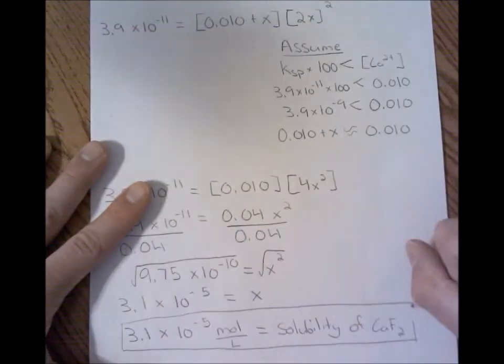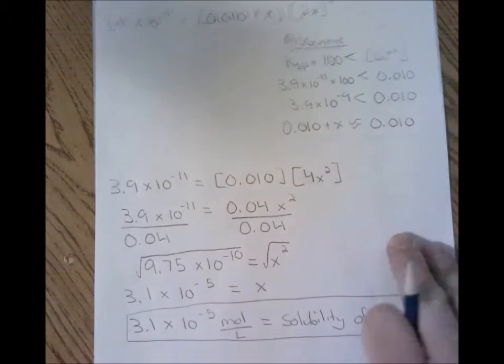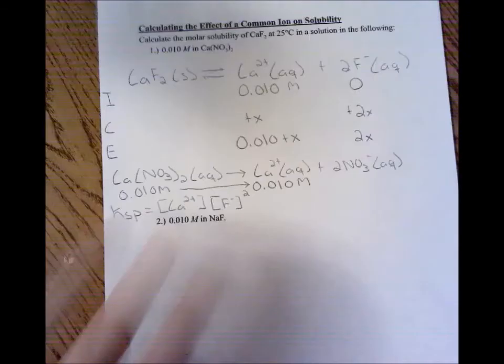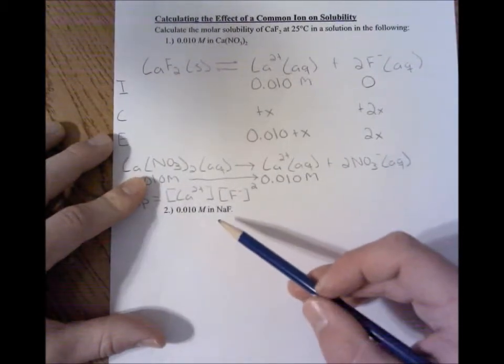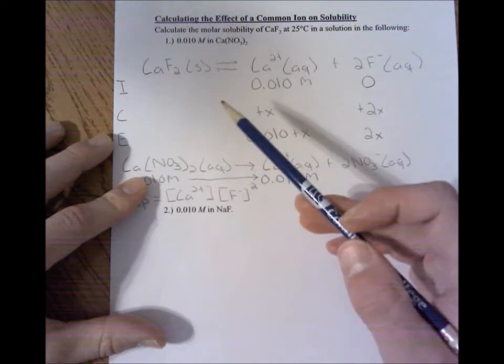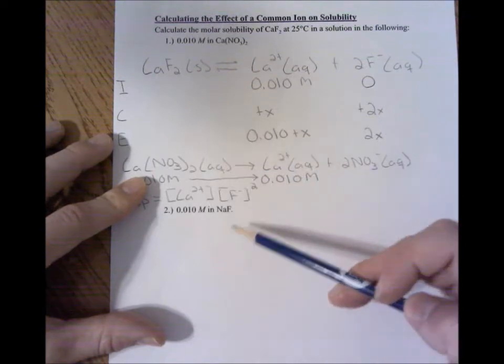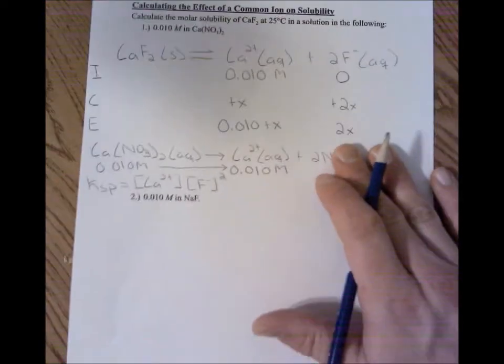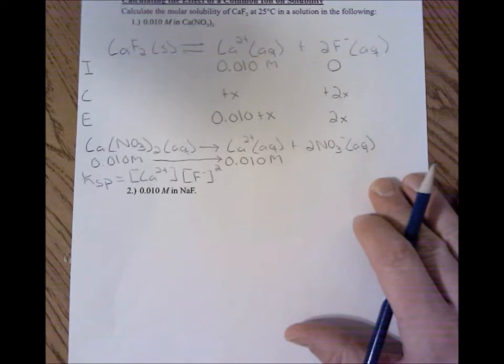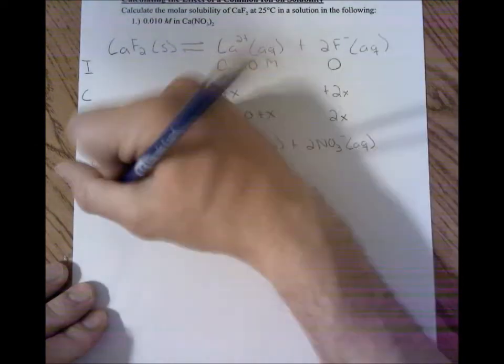Now what we do is very similar. Hopefully it won't take as long, but we now have a common ion. In problem number 2, we have the same setup, but we have sodium fluoride. So to start this problem, I'm just going to rewrite my equilibrium expression just like I had up here.